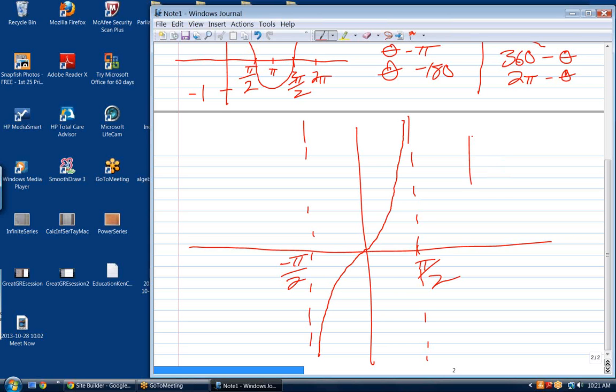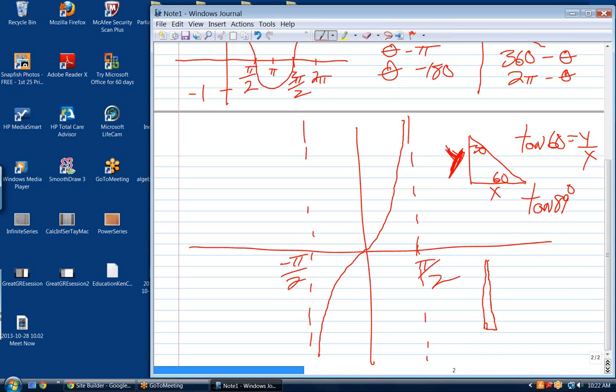Now, let me explain why that is the case. Let's take this triangle. The tangent of 60 degrees is y over x, right? What's the tangent of 89 degrees? Notice that this triangle has all of a sudden become this kind of a triangle.